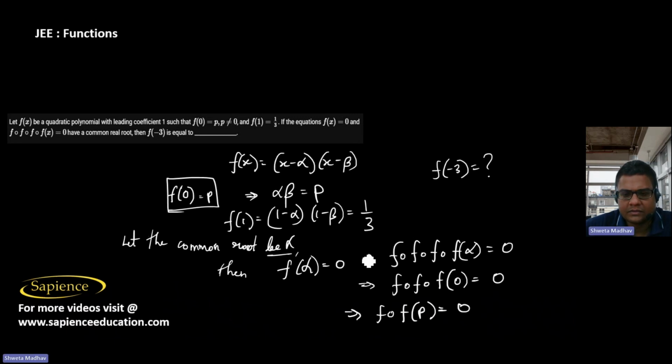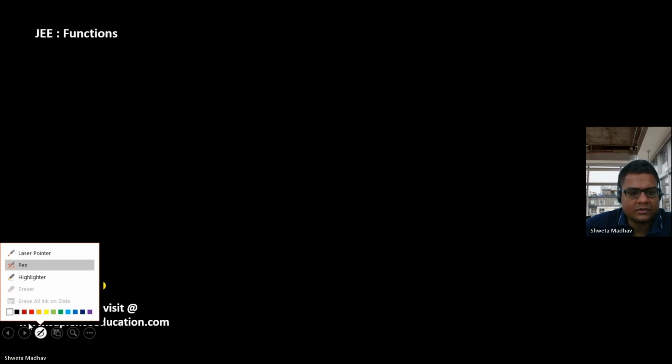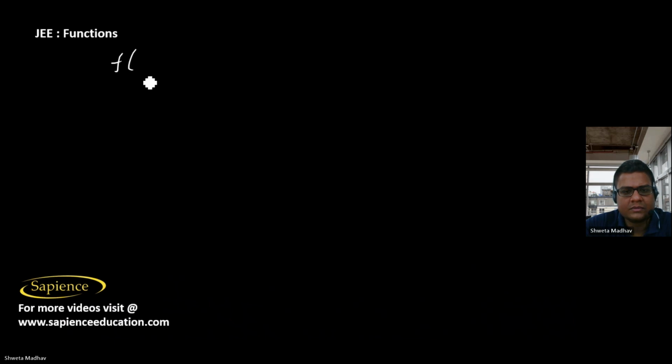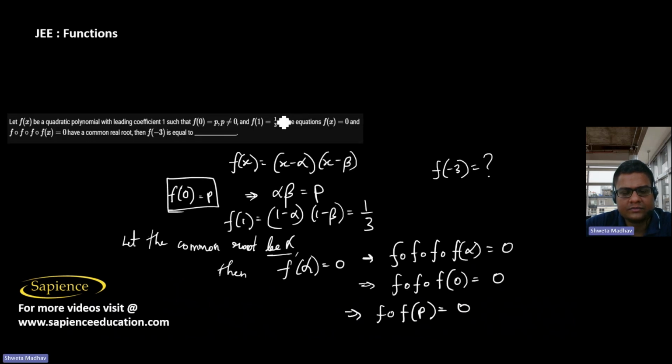Now p is alpha beta. So therefore f of p is f of alpha beta, which is equal to 0.